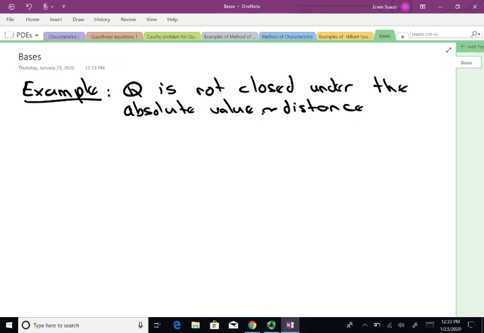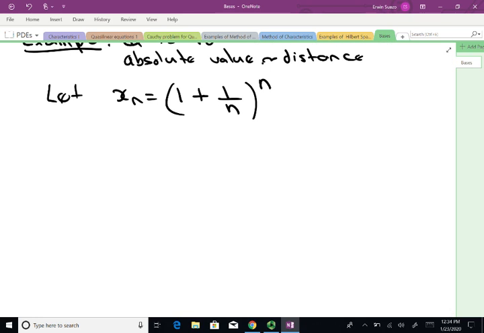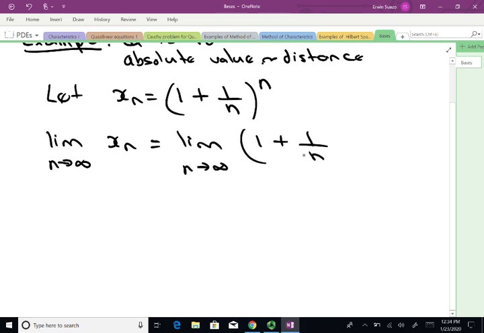So I can take a sequence, and you did this in calculus 1. Let x_n be the sequence (1 + 1/n)^n. Okay, so you take the limit when n goes to infinity of (1 + 1/n)^n.